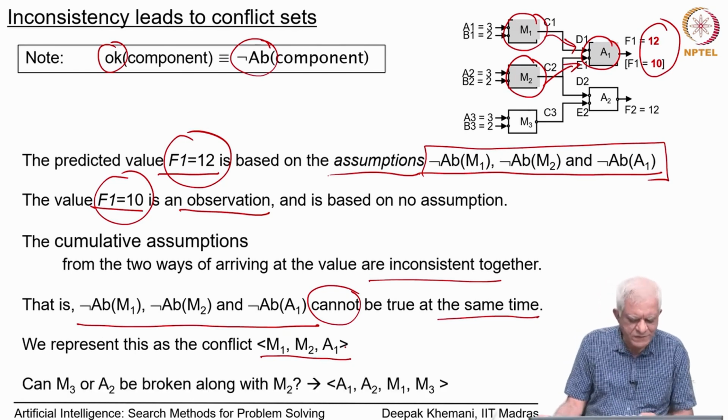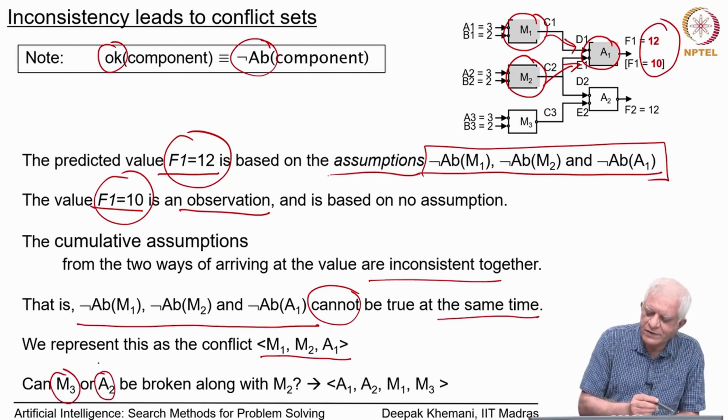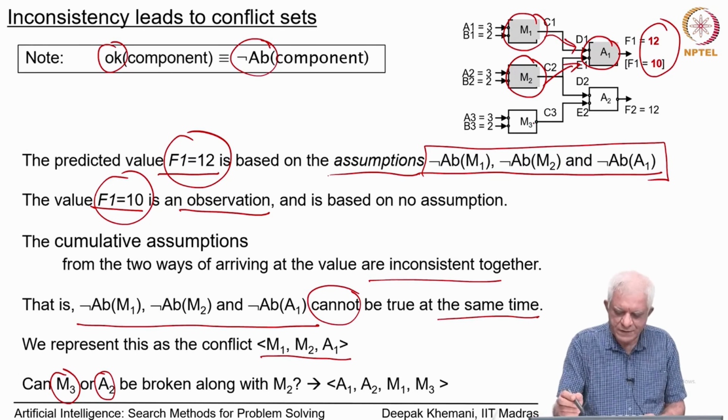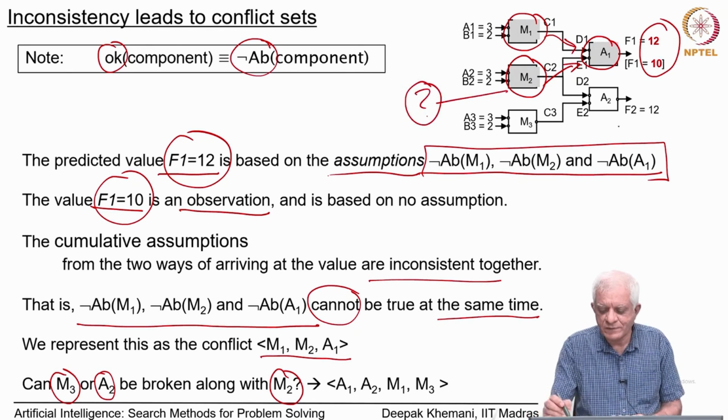But we can ask another question: is it possible that M3 or A2 is wrong? Now, of course, that does not sound very intuitive, because along with M2. So, let us say M2 is faulty, but if M2 is faulty, how come we are seeing a correct output at A2?